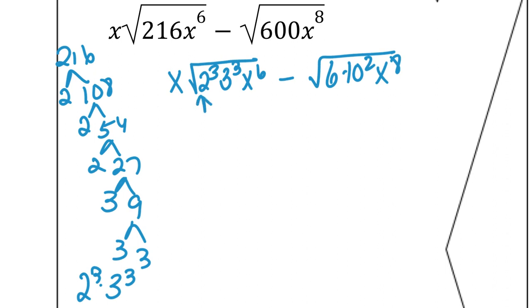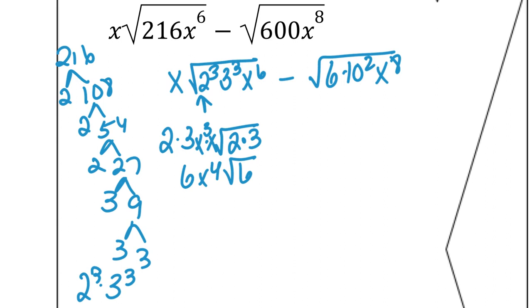So this will be 3 divided by 2 is 1, remainder 1. 6 divided by 2 is 3. And by the way, there was already an x out there. So that gives me 6x to the 4th square root of 6.